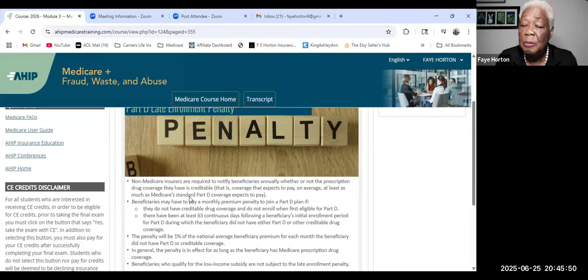Beneficiaries may have to pay a monthly premium penalty to join a Part D plan if they do not have credible coverage, they do not enroll when first eligible for Part D, or there have been at least 63 continuous days following a beneficiary's initial enrollment period for Part D, during which the beneficiary did not have Part D or other coverage.